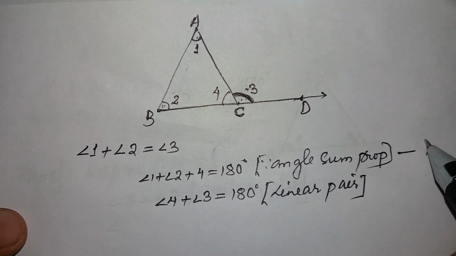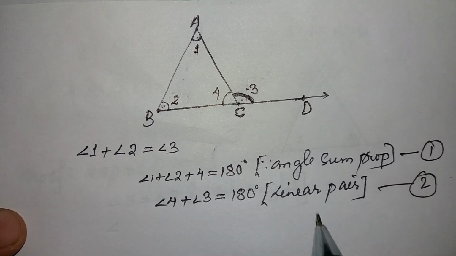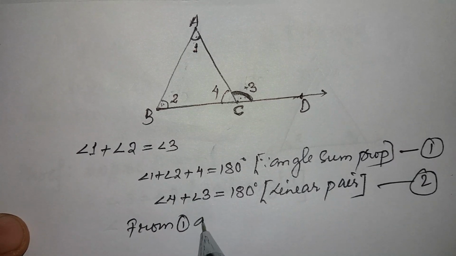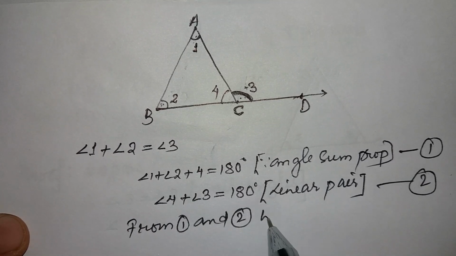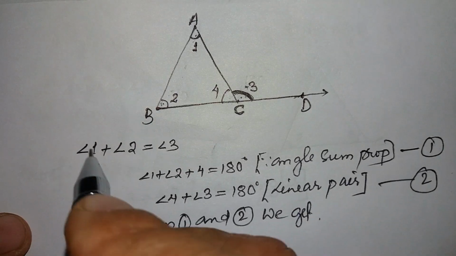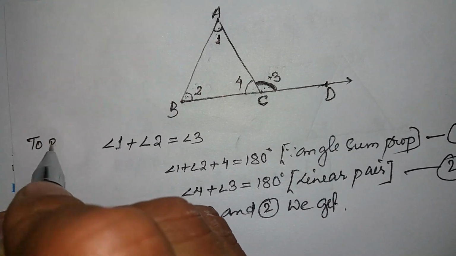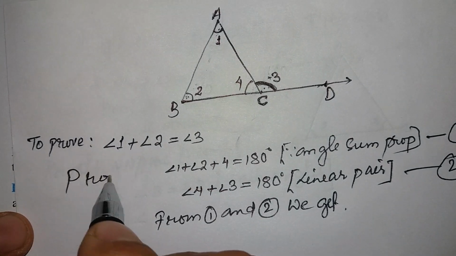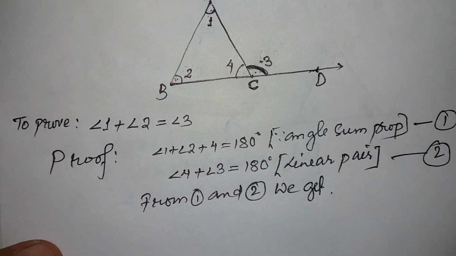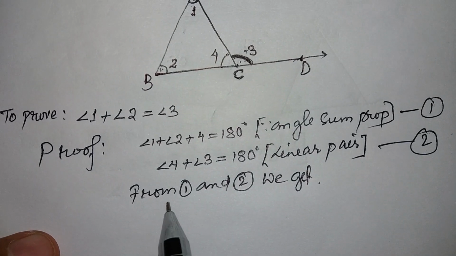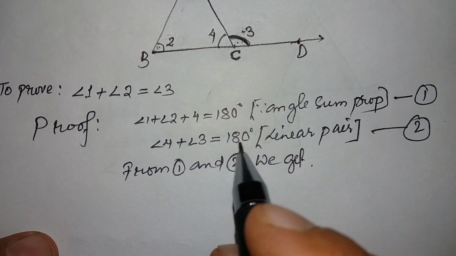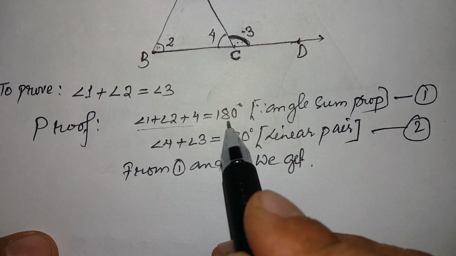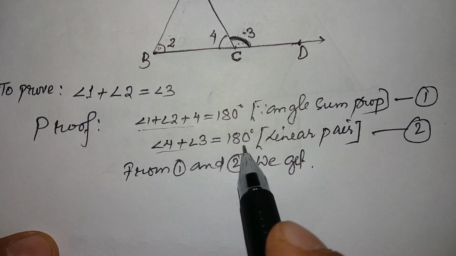So from 1 and 2 we get, see, this one is equal to 180 degrees, and the sum of these two is again 180 degrees.